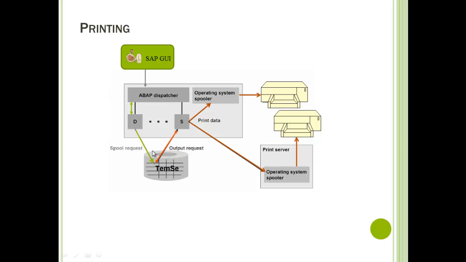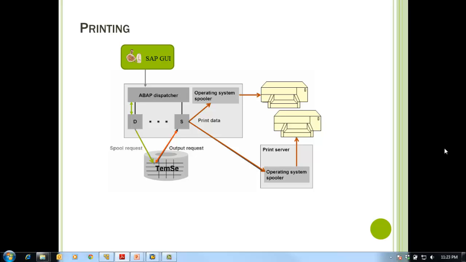If you are running a program in background mode which has some output, that can also be created as a spool request and sent to the spool work process. The spool work process itself does not create any spool request, so it has to come from a dialog or background work process.